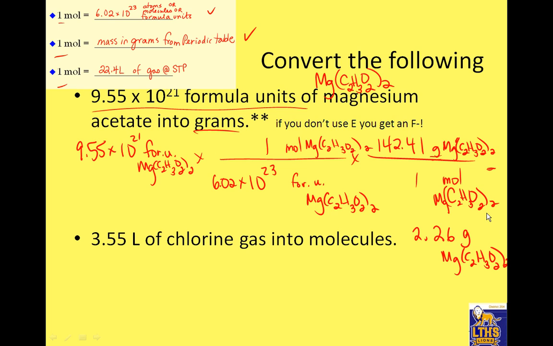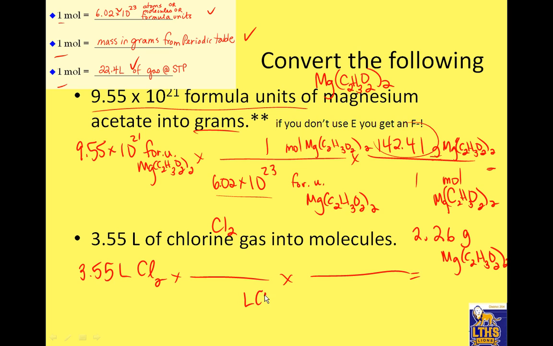So we've used a conversion factor with Avogadro's number, with mass, with liters, and with mass. And now let's change liters of chlorine gas, remember chlorine is diatomic, into molecules. So we have to use liters and molecules.